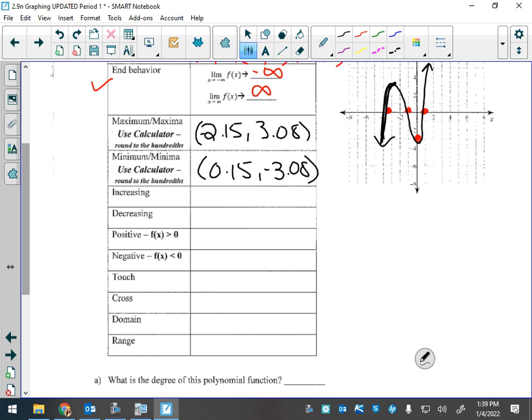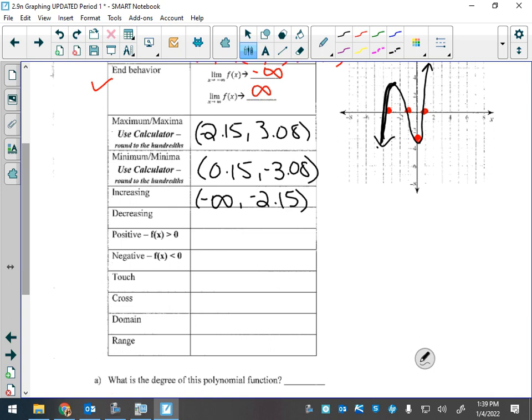That's the first one. So where would it be? From where to where? Negative infinity to -2.15. Okay, it's the x value of the maximum. And again, the smartboard's a little off. You guys have it easier right in front of you if you jotted this down.